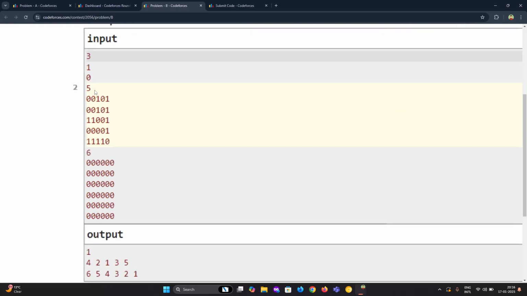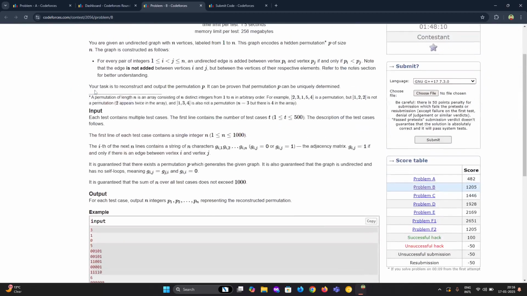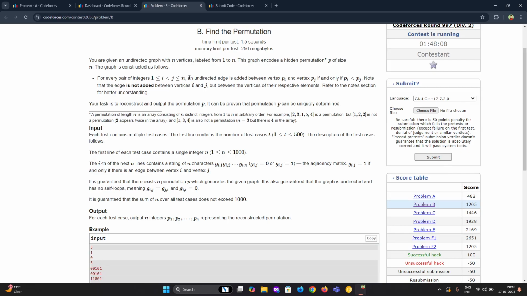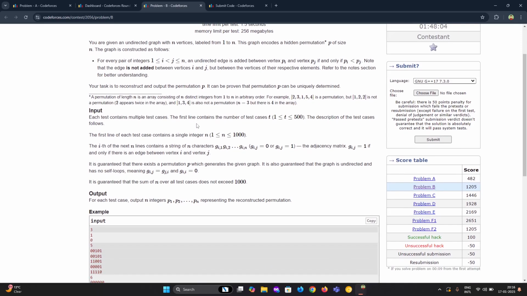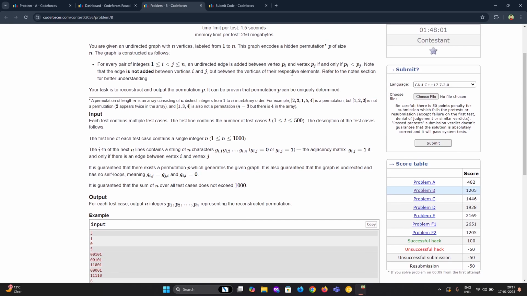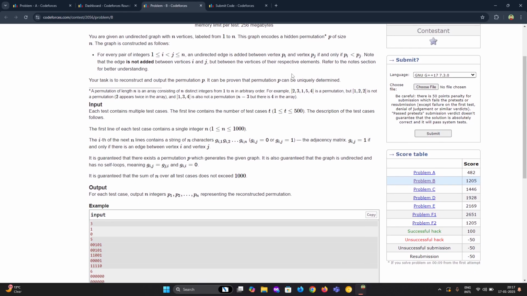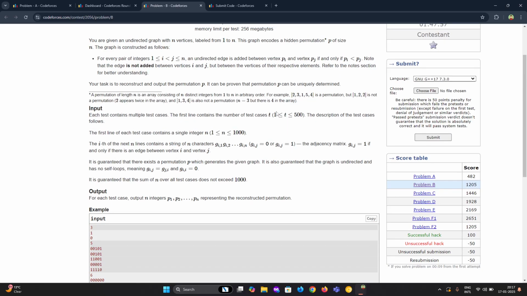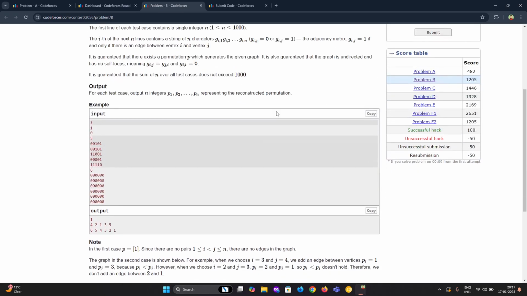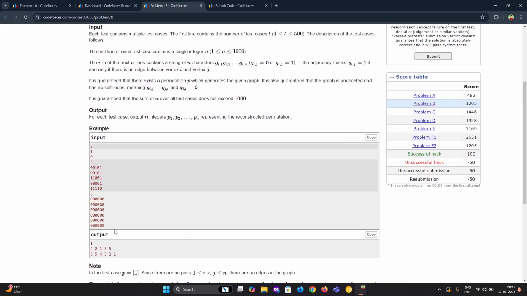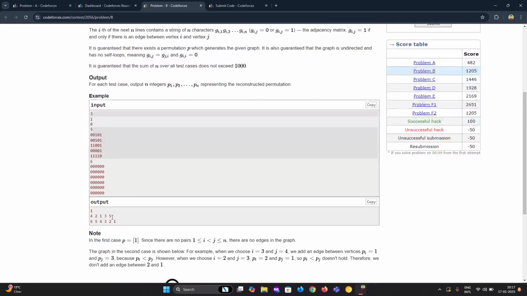So we have to output a permutation that follows the rules of this graph.